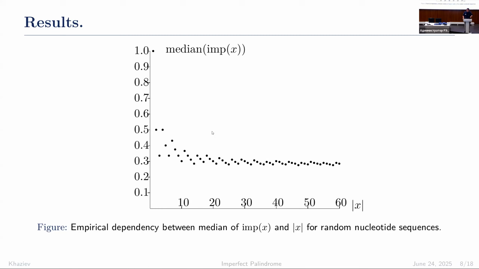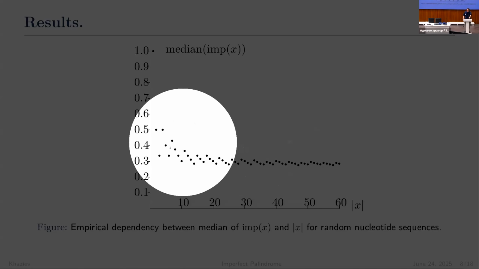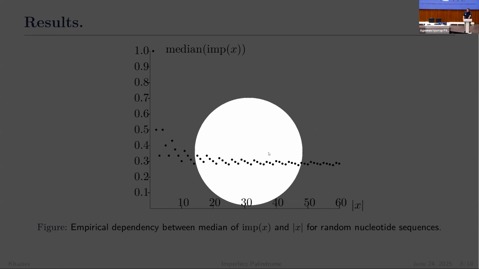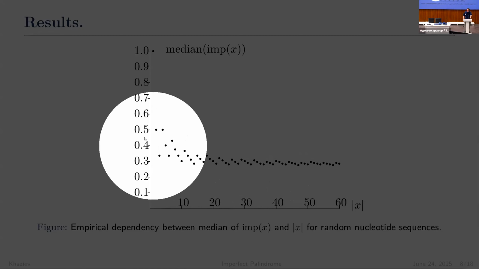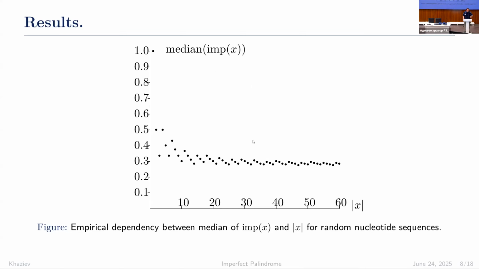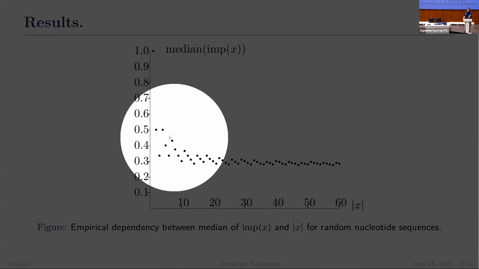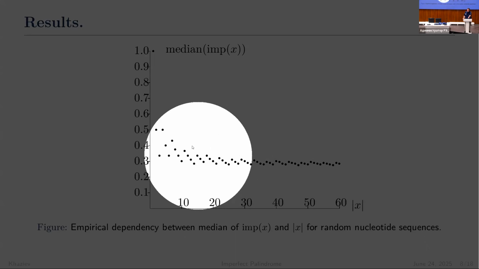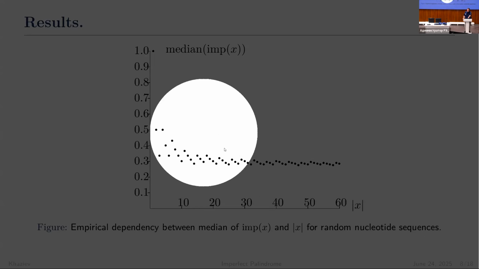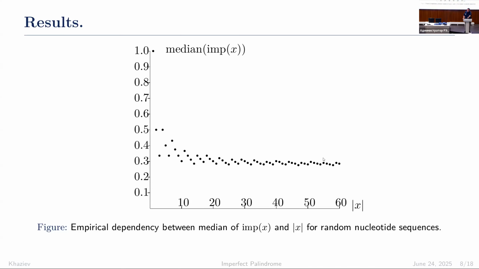You can see the fun fact that the median is greater than 1/4. There is also an interesting fact that it's kind of periodic. We have 4 points, then 4 points, then 3 points, then 4, 4, 3, and it continues. We actually don't know right now why it's happening.